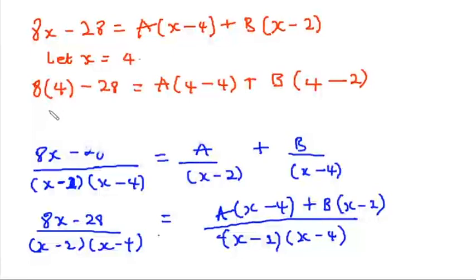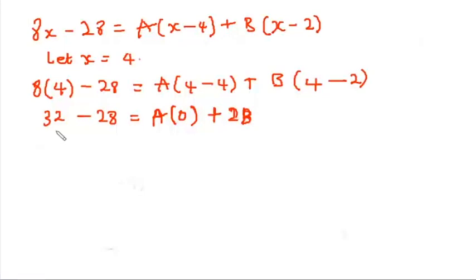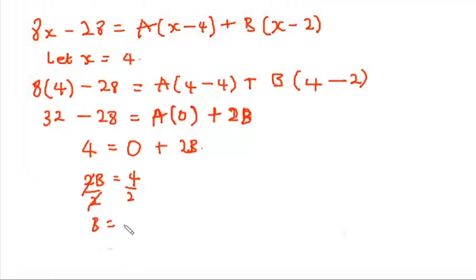So 8 times 4 is 32 minus 28 equal to a times 0, which is 0, plus b times 2, so we have 2b. 32 minus 28 is 4, so 2b equals 4, divided by 2, so b equals 4 over 2, which is 2. Okay, so we've gotten our value of b.